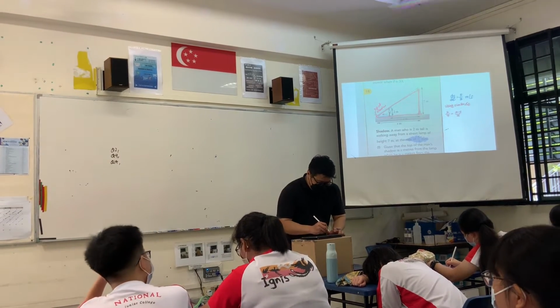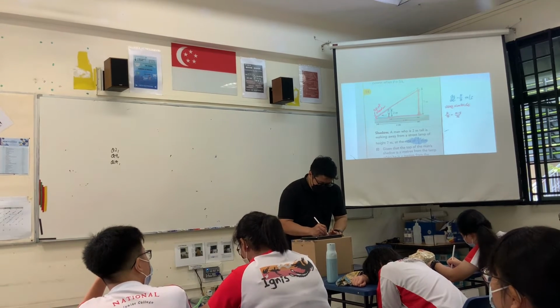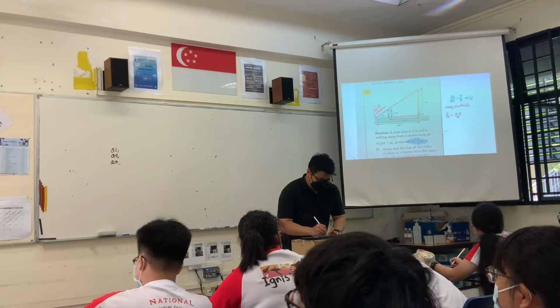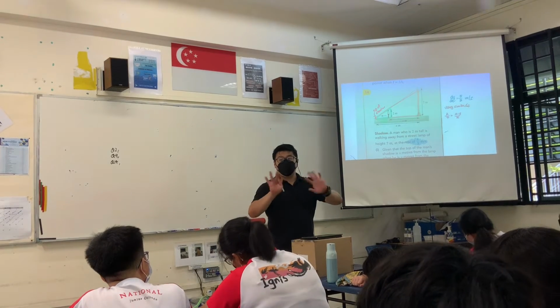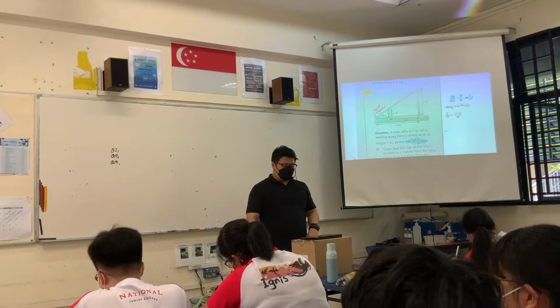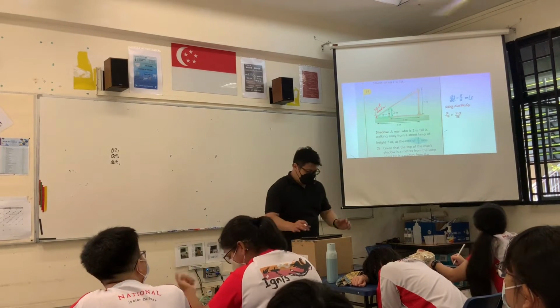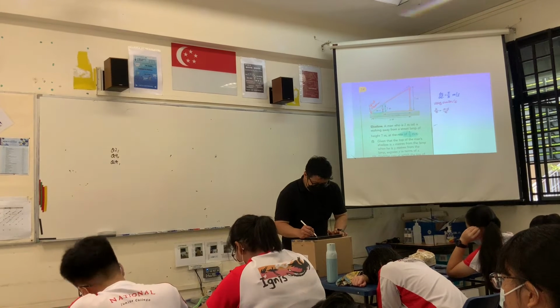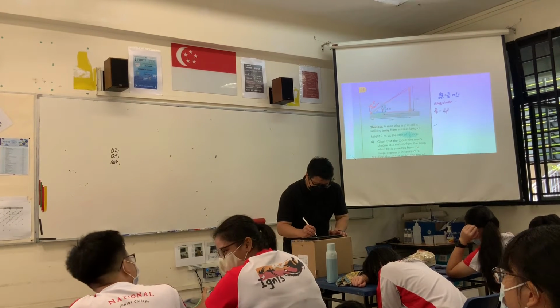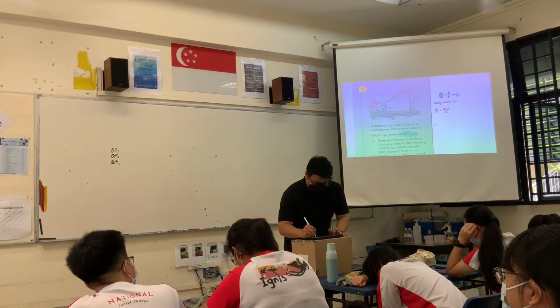This distance here is x minus y. Don't need to prove. You just write down using similar triangles. That's good enough. Don't need to write SAS, AA, that kind of thing.